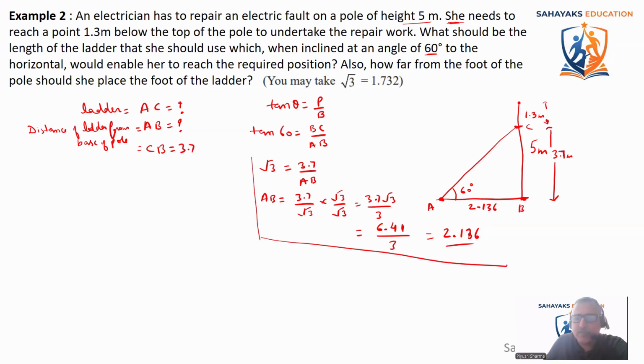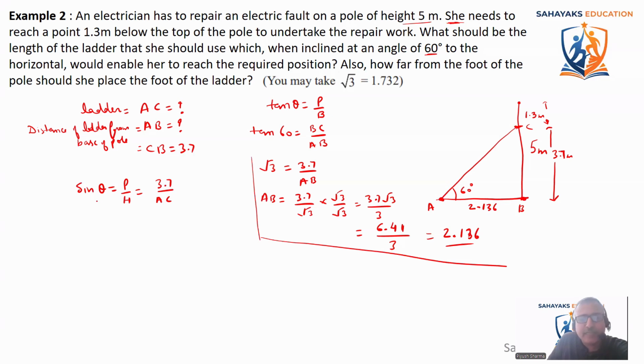So this is one thing we have already found. Okay. Now we have to find the second thing. What? AC. So for AC and 3.7 BC, this comes in which ratio? It comes in sine. So we know sine theta is equal to perpendicular divided by hypotenuse, and that is equal to 3.7 divided by AC.